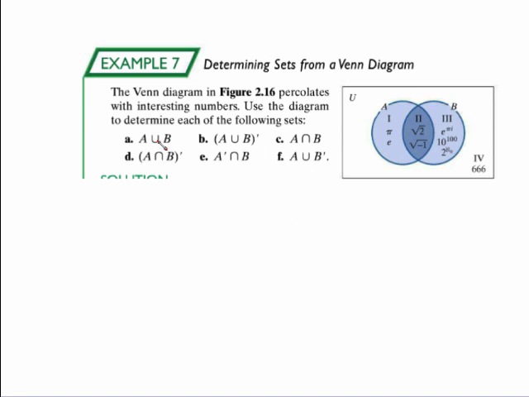So A union B, and this is where sometimes doing a little bit of coloring in with a highlighter or something can help you out. A union B is all of this, all of those. So my elements there, if we can see through my colors, are pi, this is A, pi, e.